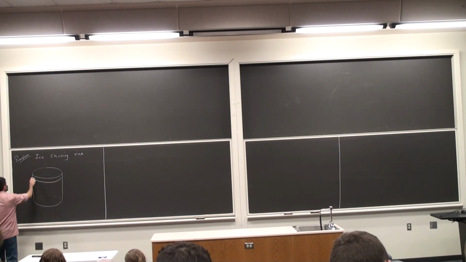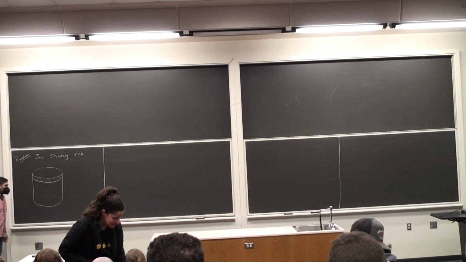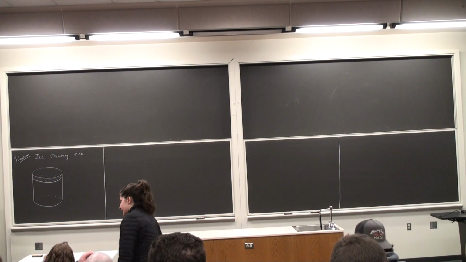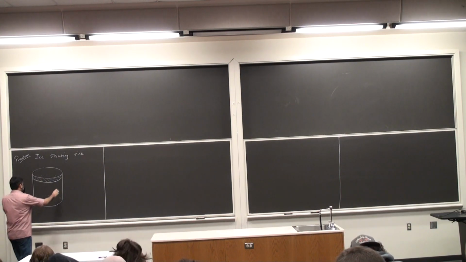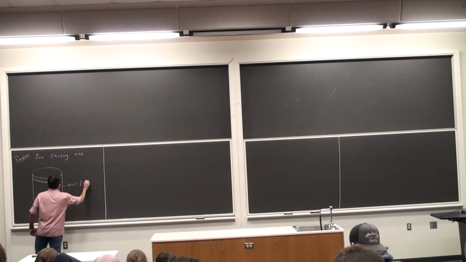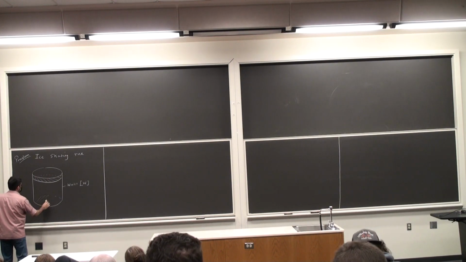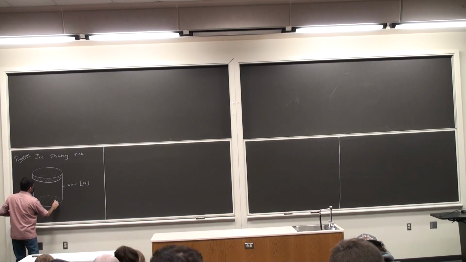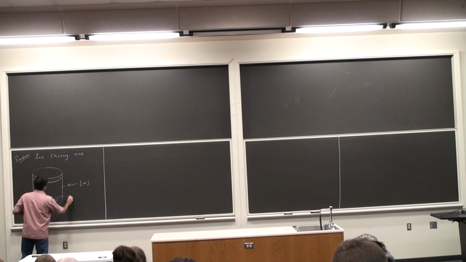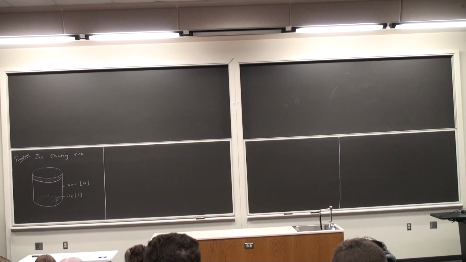So we have the walls of the ice skating rink. I'm going to call them walls W. Then I have the bottom, which is ice. Then I have that ceiling, as you can see, drawn in the form of a lid.